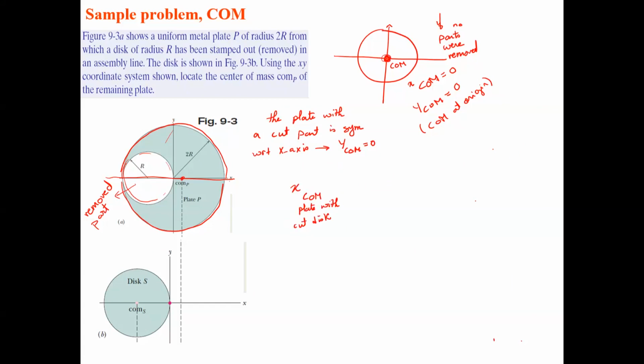The x COM of the plate without any cut part is basically equal to x of the center of mass of the disk plus x of the center of mass of the plate minus the disk, so with the disk removed from it.